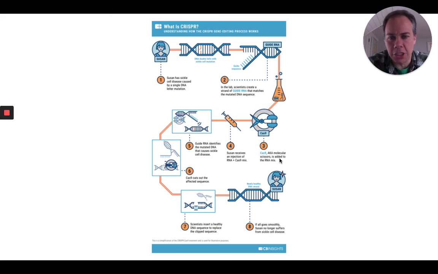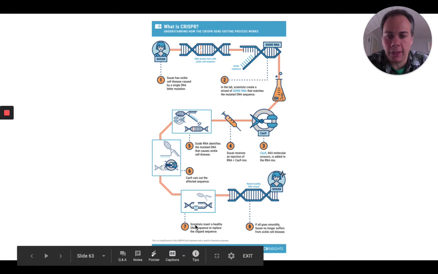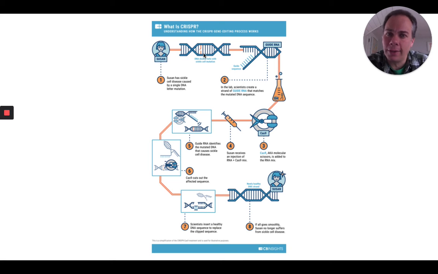They can inject that into a person, and then those CRISPR-Cas9 enzymes will insert the healthy corrected version of that DNA where the incorrect version was. And the idea is that it can help to actually cure a disease like sickle cell disease.